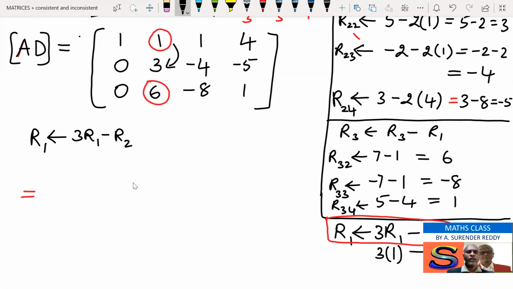Here 1 becomes 0. And we have to apply the same formula for first element, third element and fourth element. We are applying on second element. So apply this 3R1 minus R2 formula for first element, third element, fourth elements. That is first row, all other elements, applying the same formula.